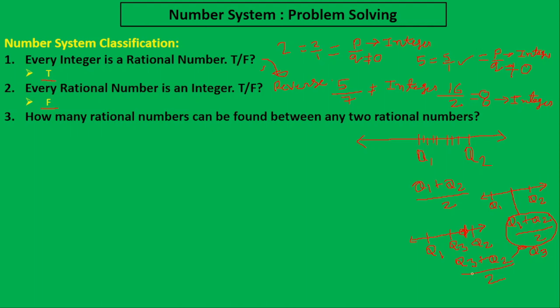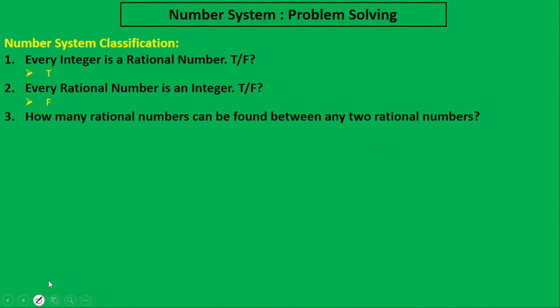Similarly q5 will be between q1 and q3. Hence so on, between q1 and q5 another rational number will be there. So between any two rational numbers infinite rational numbers can come. So the answer will be infinite.